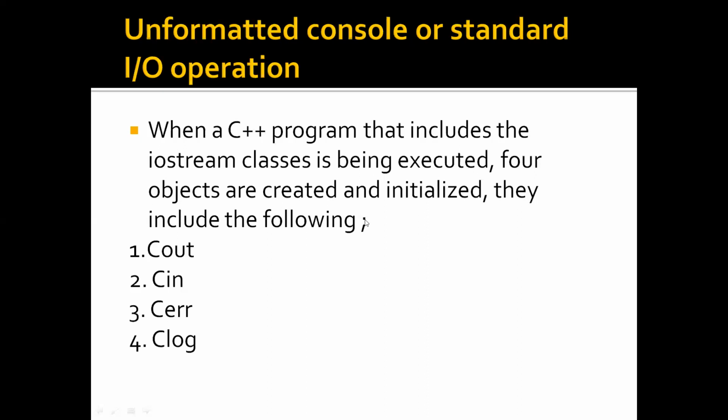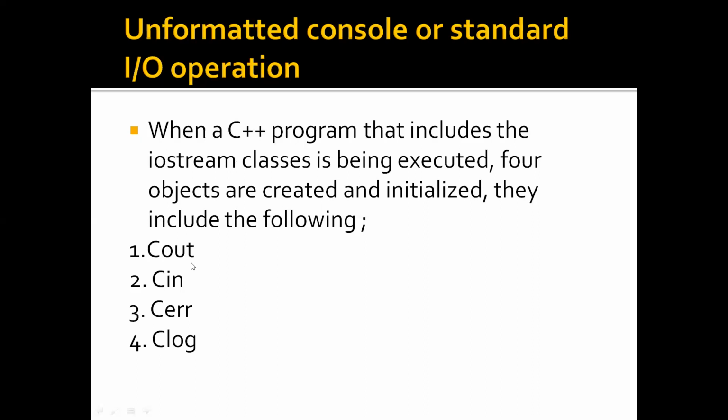They include cout, cin, cerr, and clog. These are the four objects we can use when we include the header file called iostream.